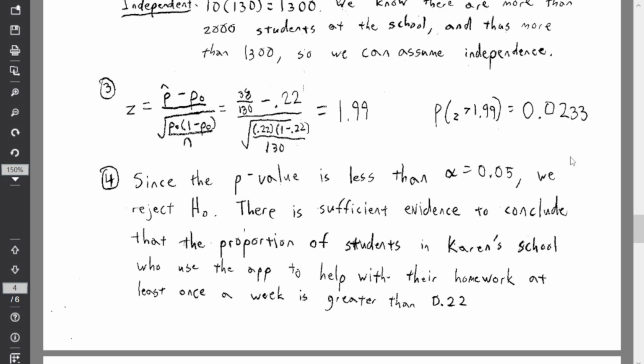That means we're going to reject the null hypothesis, smaller than that alpha level, which means there is enough evidence for the alternative, which is that that proportion that used that app is greater than 0.22. So that's the results of our hypothesis test. We ended up rejecting, and you're going to see that rejection sentence happen again in the next couple of problems.